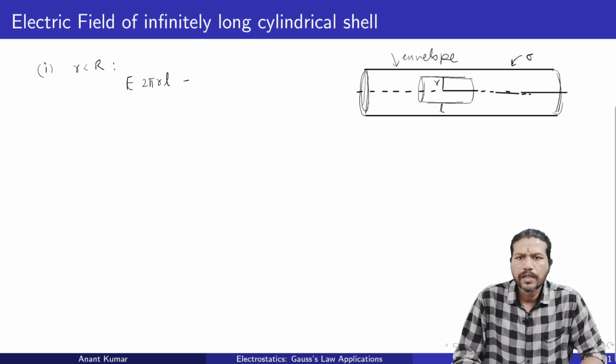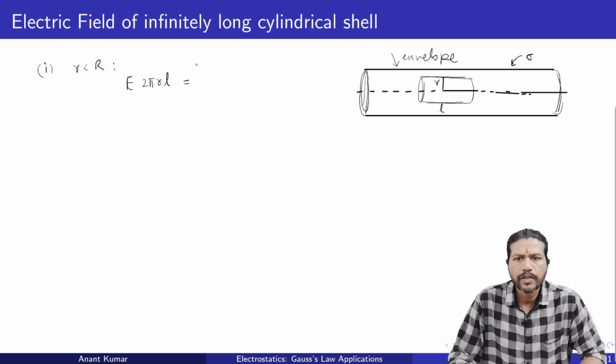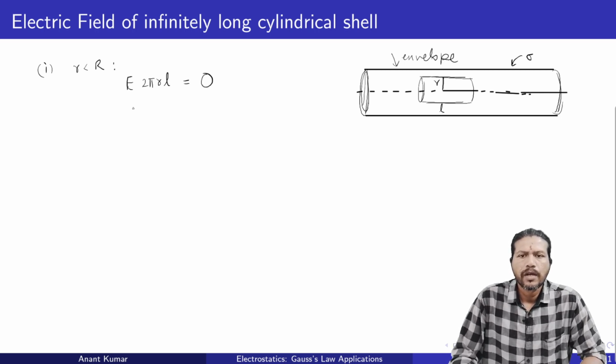Now the right side, the charge enclosed, is nothing but 0, because this is a shell and all the charges reside only on this surface. As a result the charge enclosed is simply 0, and 2 pi rL can't be 0, so the electric field has to be 0 itself.